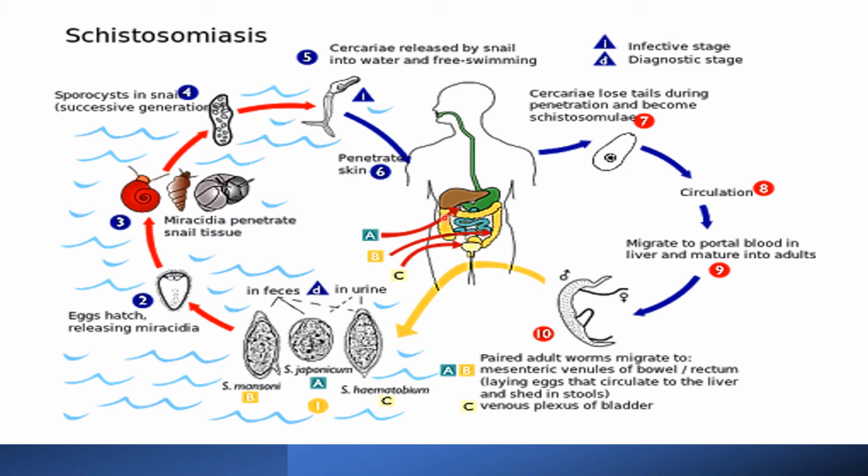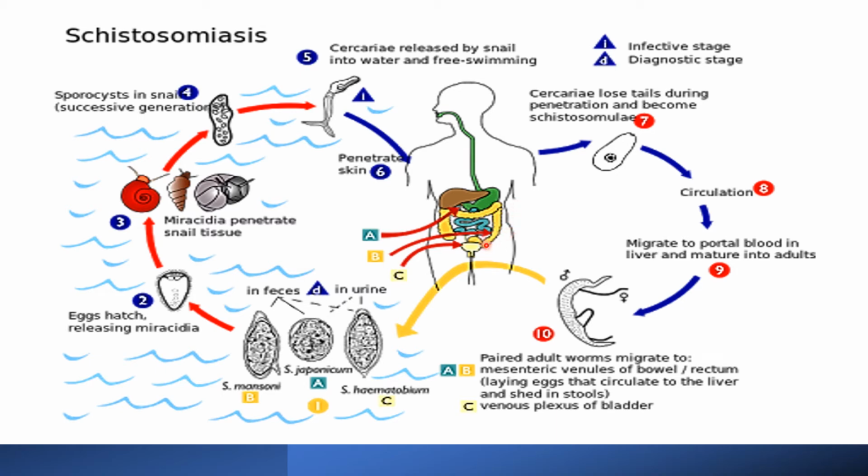After the liver sinusoids, they move on and mature into adults, particularly for S. mansoni, in the mesenteric veins of the large bowel.